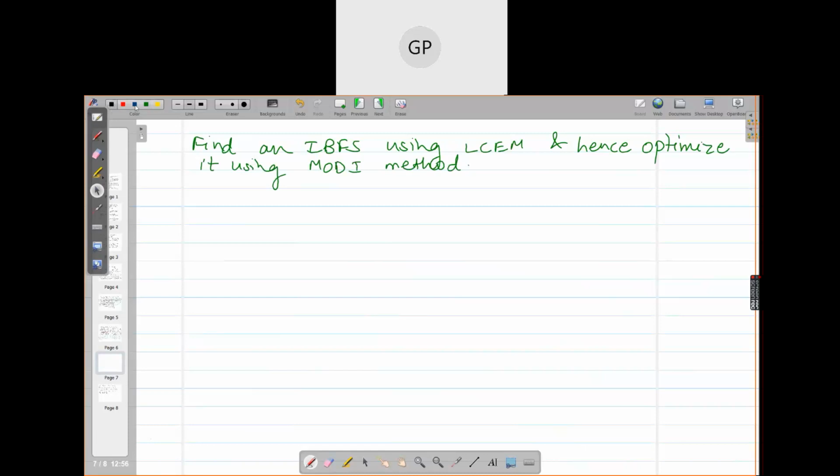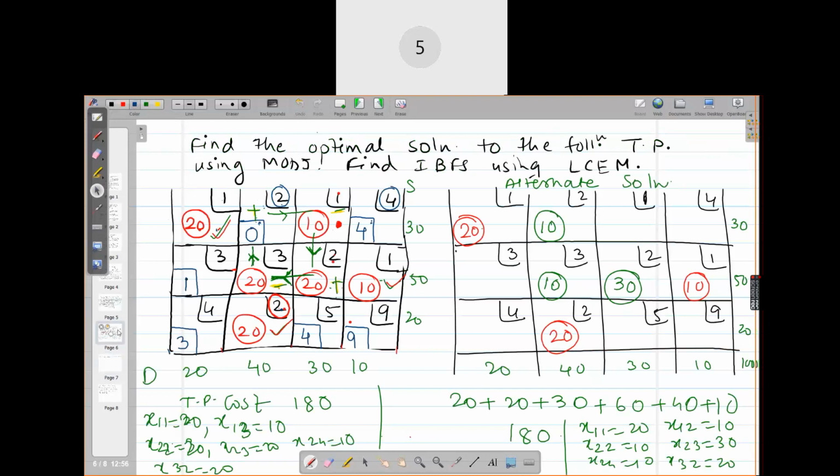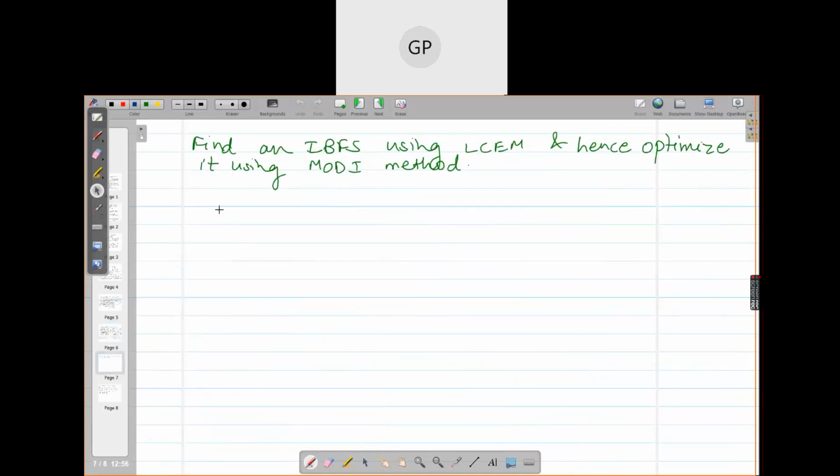So first, ma'am, can you show the previous page, ma'am? Yes, ma'am. Thank you. Yes, so it's a 4 cross 3 matrix. Now number of sources are 4. Okay, 4 cross 3.